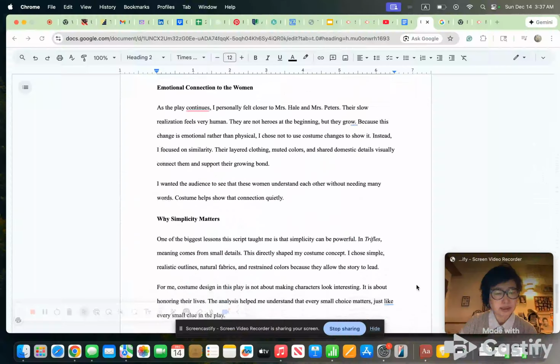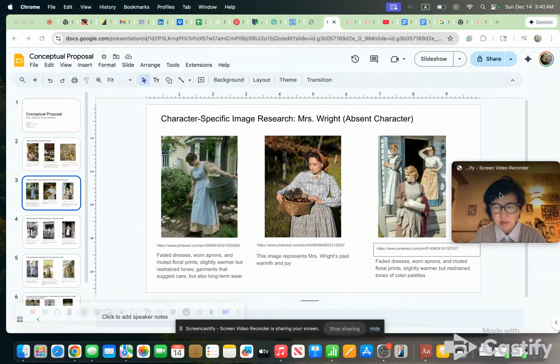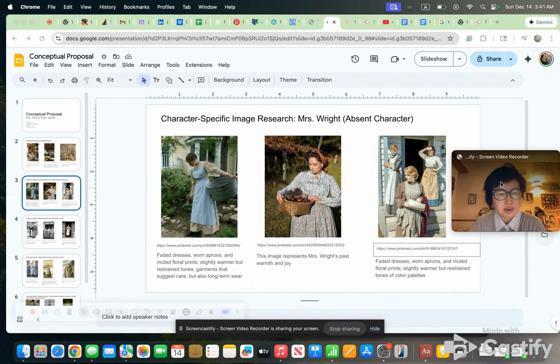I have found that in her younger years, before she married Mr. Wright, she was quite joyful and happy. This middle image shows that she likes to dress in warmth, with flower patterns, and that showed joy.